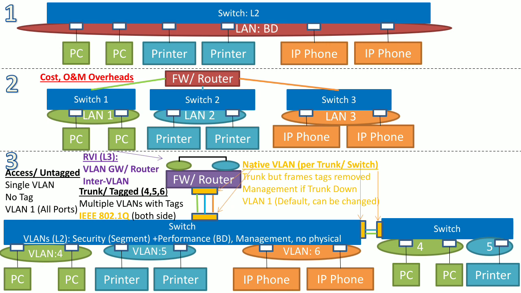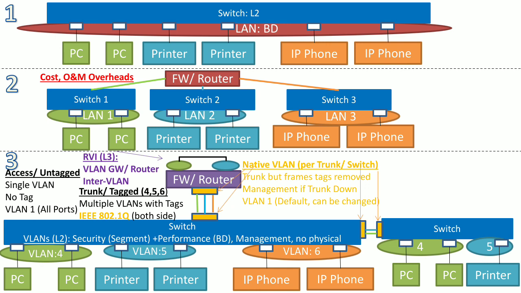If the traffic from VLAN 4 wants to go out to VLAN 5 or to any other outside world, then it would first go to the routed VLAN interface since it operates at layer 3, and then it will go out from that routed VLAN interface to another VLAN.